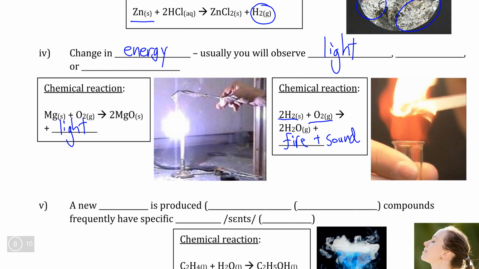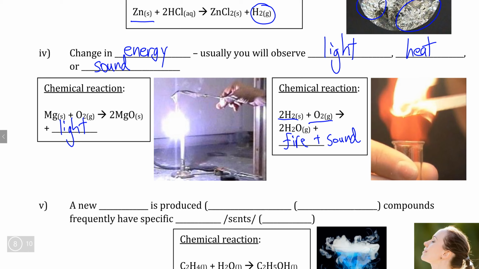Both fire and sound, which we would feel as heat and perceive through our ears, indicate that some sort of change has happened, because that energy release would not happen with each of these reactants by themselves.